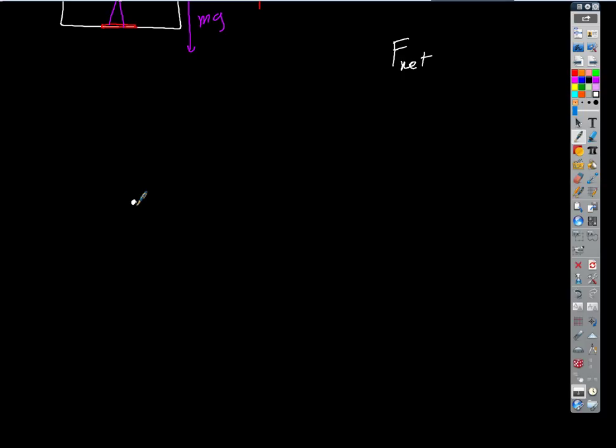The forces are acting on the person, and really the scale is just measuring the normal force acting on the person, right? So I've got two forces. I've got the normal force pushing up, and I've got the weight pushing down, so I'll just call it W for weight for now.